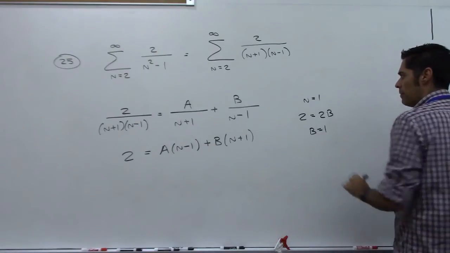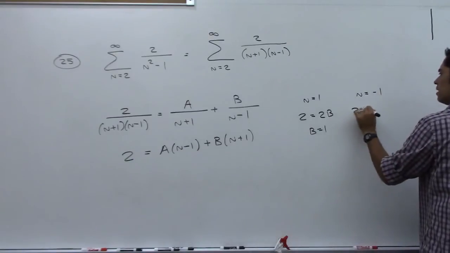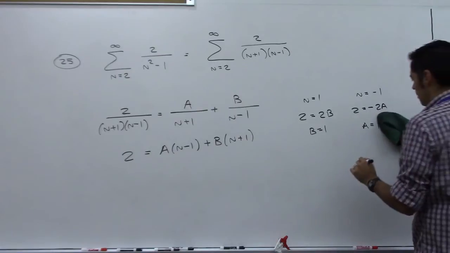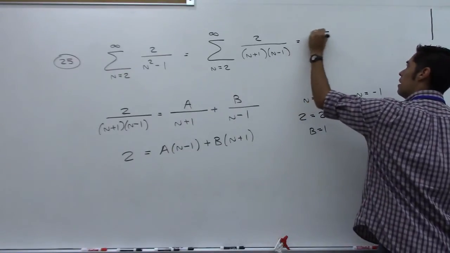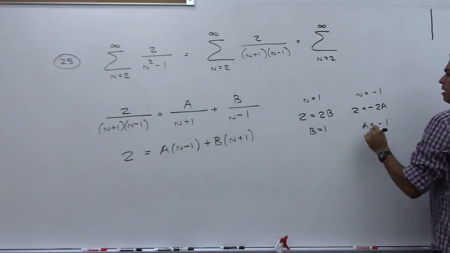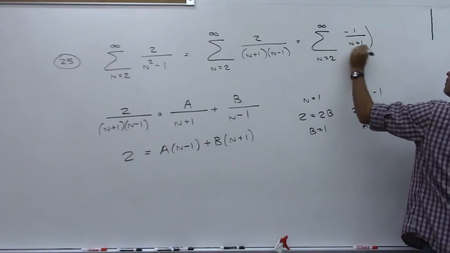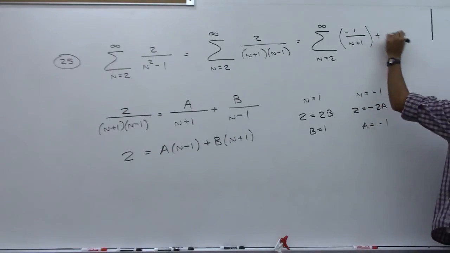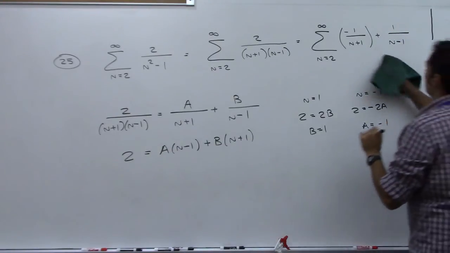If n is negative 1, it kills off this one, and I get 2 is equal to negative 2a, so a is negative 1. That means I can rewrite this series as the sum from n equals 2 to infinity of negative 1 over n plus 1, plus 1 over n minus 1. I'll just leave it like this.